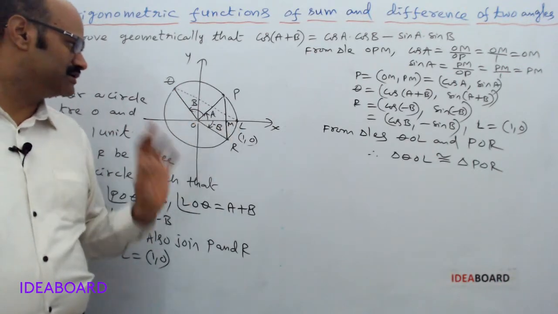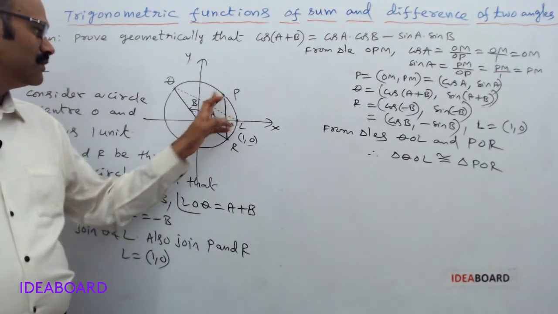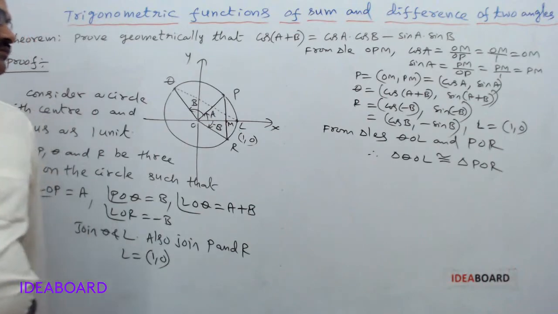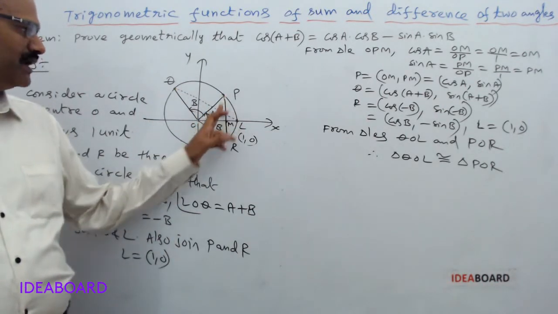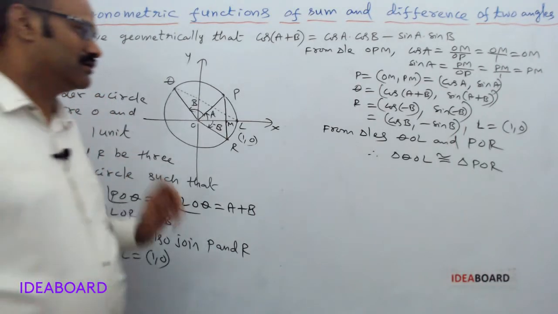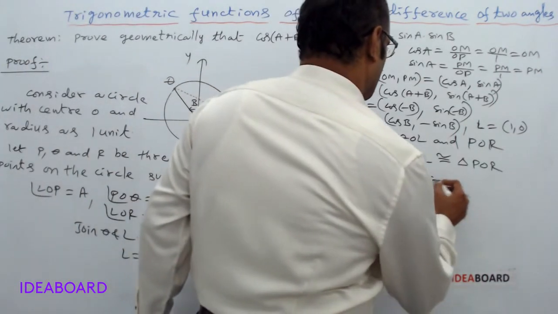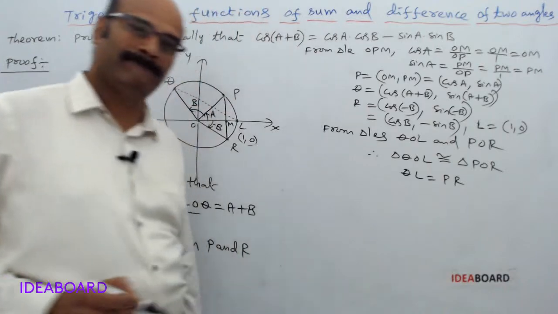Triangle QOL is congruent to POR. Therefore, we say that QL equals PR.